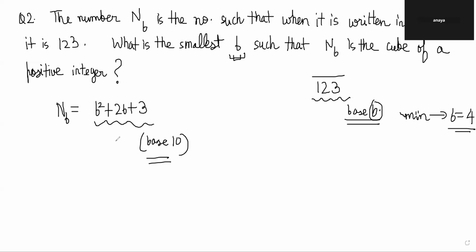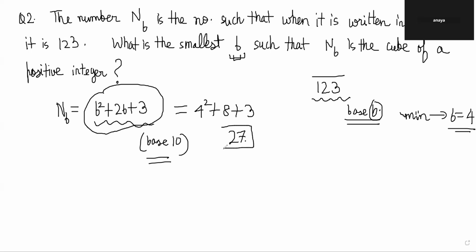If b is 4 and you check the value of this now, what is it coming? 8, 16 to 24, 27, which already is a cube. Oh, okay. So the answer is 4. The base could be anything higher than 4 also, but you've already gotten a cube in the lowest case. So that is your answer.